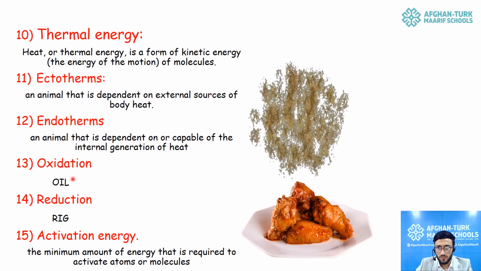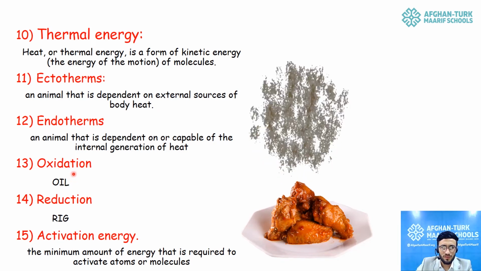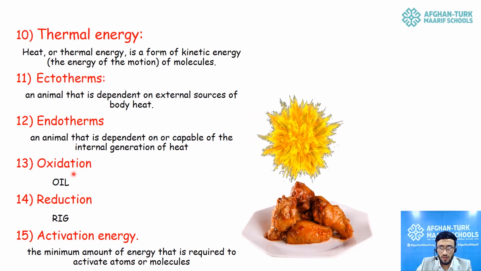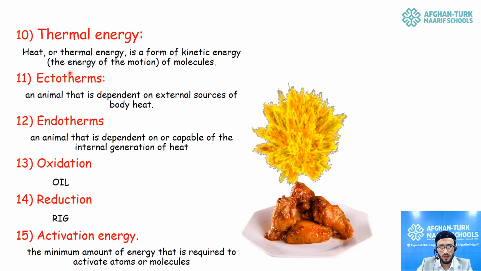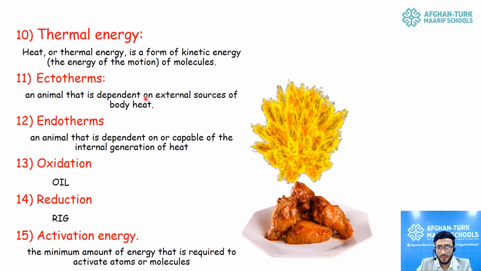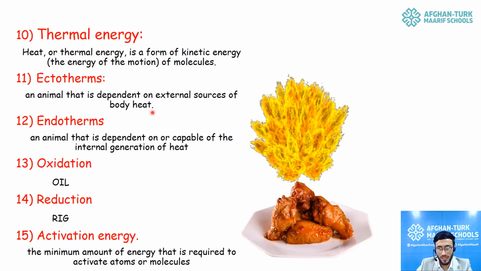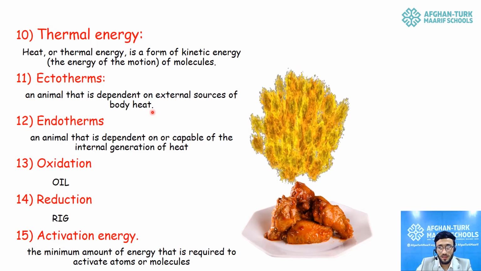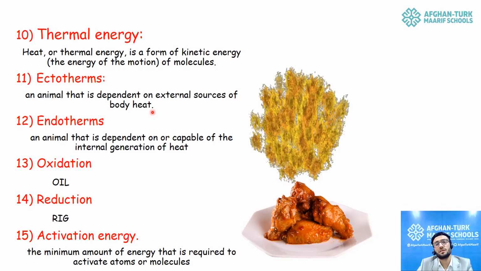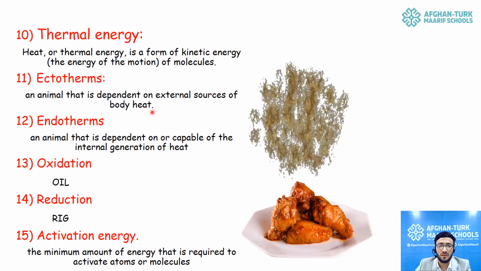In trophic levels or among living beings, you can define different types of living things that maintain their body temperature from different sources. For example, ectotherms could be thought of as animals that are dependent on external sources of body heat. It means their metabolic system is such that they cannot maintain their internal heat, so they are dependent on external sources to maintain their body heat.